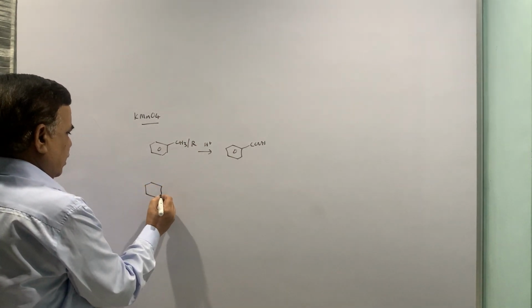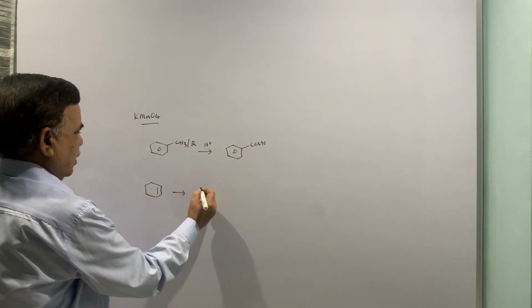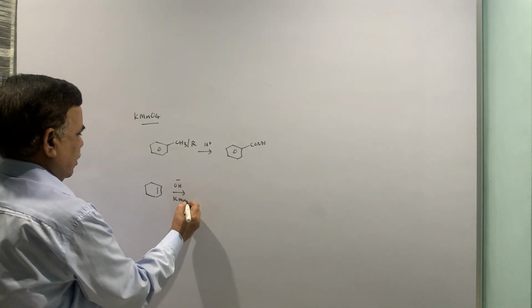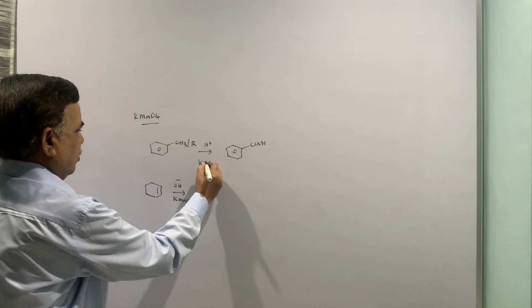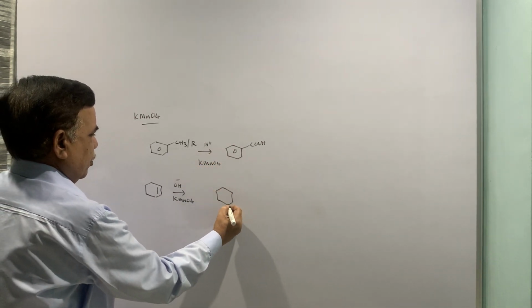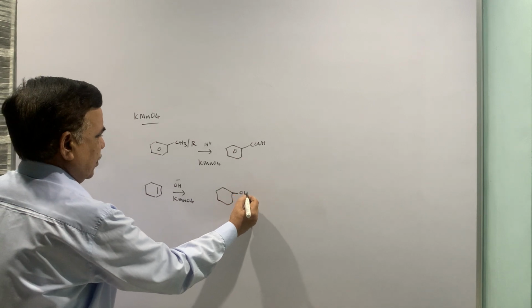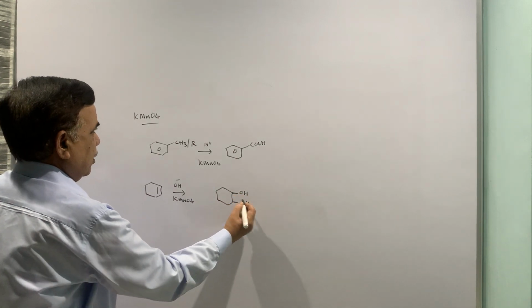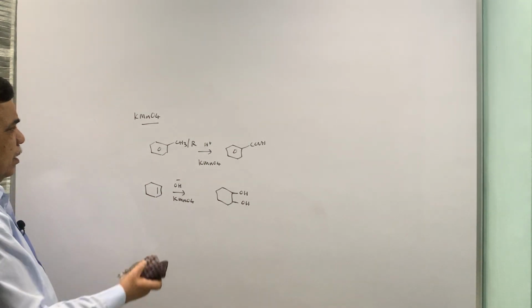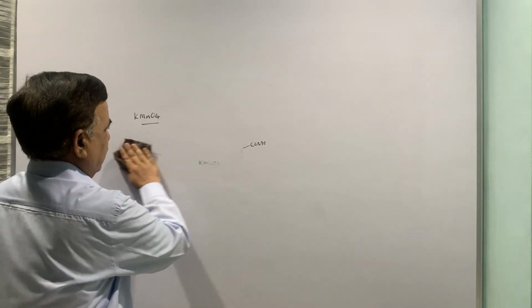Another application, the important one, is in presence of base and KMnO4. Here also KMnO4 should be there, because that is the reagent, you get the formation of vicinal glycol. These are two applications. We will see the mechanism of all these reactions.